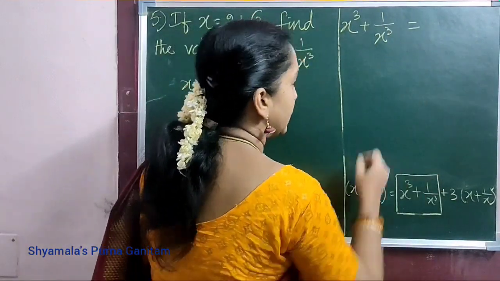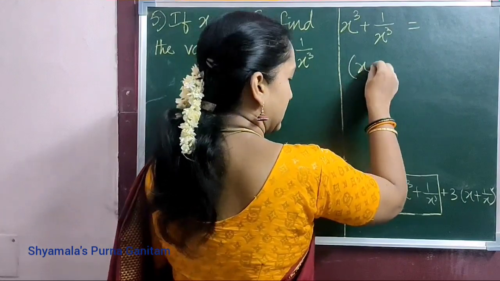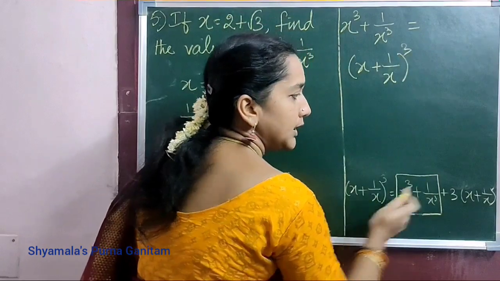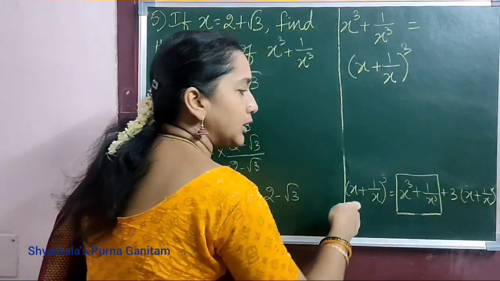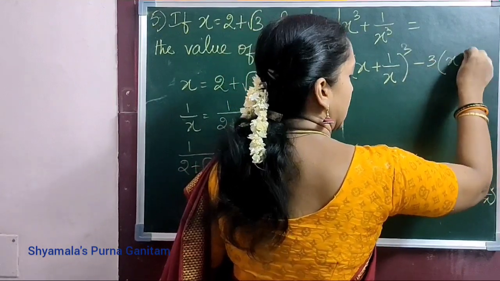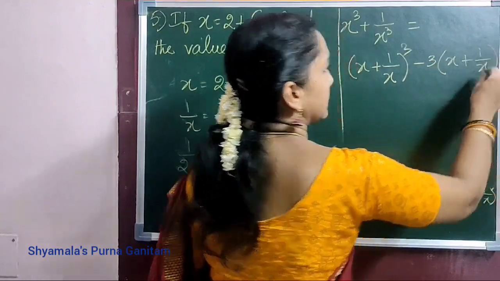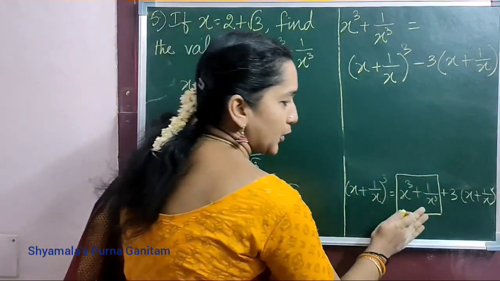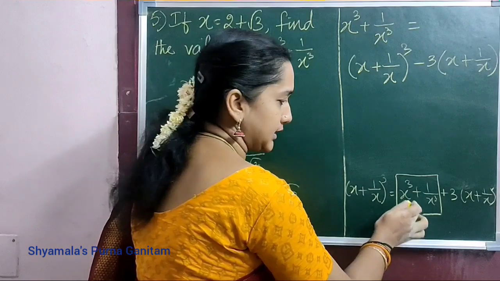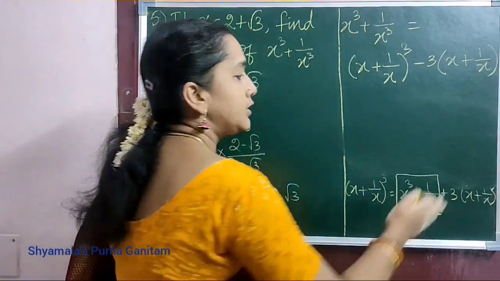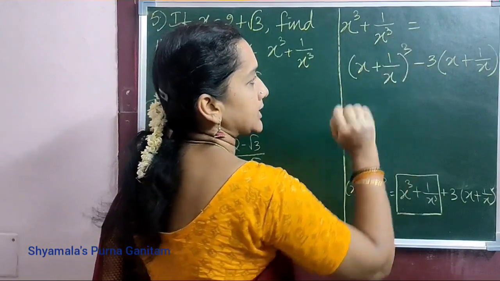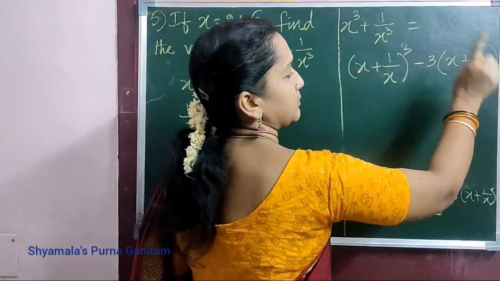So balance will be x plus 1 by x the whole cube, and this thing I am bringing to the left hand side, minus 3 into x plus 1 by x. Understood? So for this value, they are asking you to find the value for this, that is x cube plus 1 by x cube. So the remaining things I will bring to one side. So x plus 1 by x the whole cube minus 3 into x plus 1 by x.